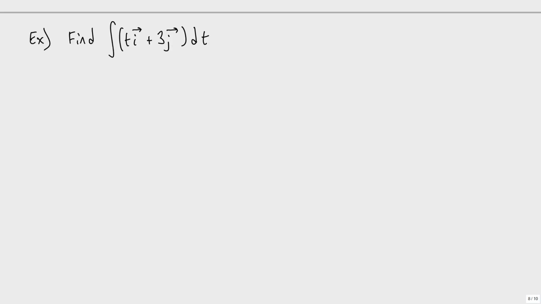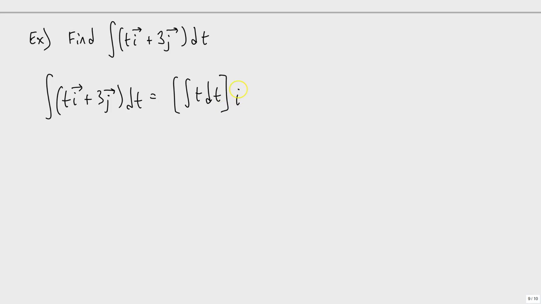So for example, say we want the antiderivative of the vector valued function t times vector i plus 3 times vector j with respect to t. Then we'll just do the antiderivative of t with respect to t, and the antiderivative of 3 with respect to t.